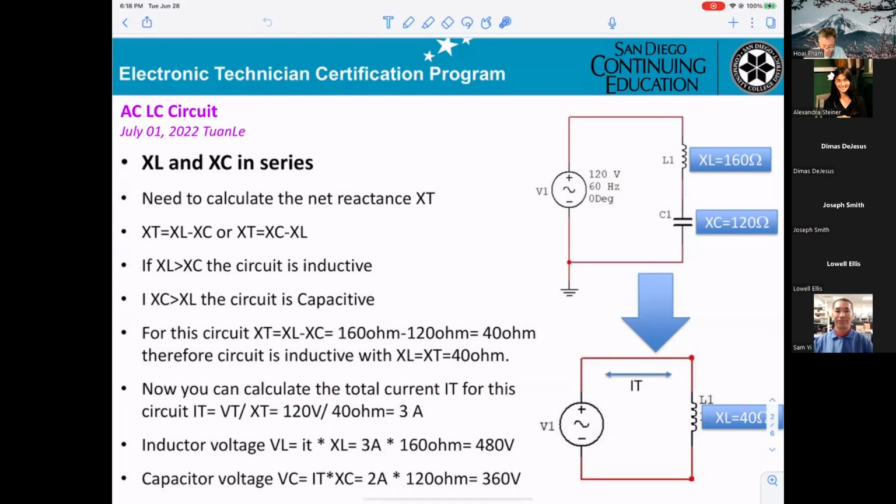Now, after you get the current flowing here, 3 amp, you can calculate VL, I total times XL. 3 amp times 160, you get 480 volt. And VC is IT times XC, which will be 3 amp times 120. That's wrong here, that has to be 3. You get 360 volt.